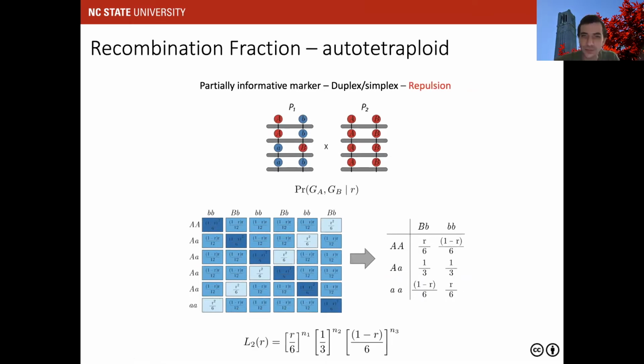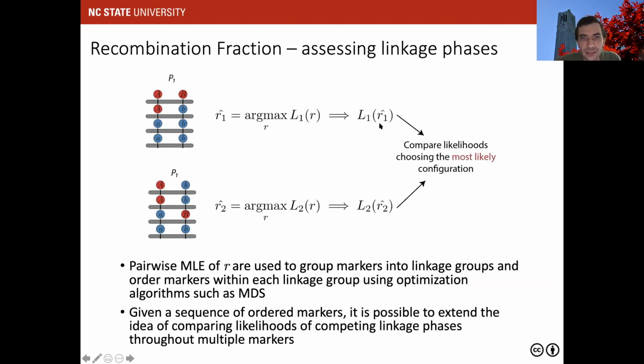This is the second case. There's a subtle but very important change in the likelihood function. And to see which one is the best one, you just compare the likelihoods of these 2 situations. And when you compare these likelihoods, you can choose the most likely configuration, and you can assume that it is the best configuration for your analysis.